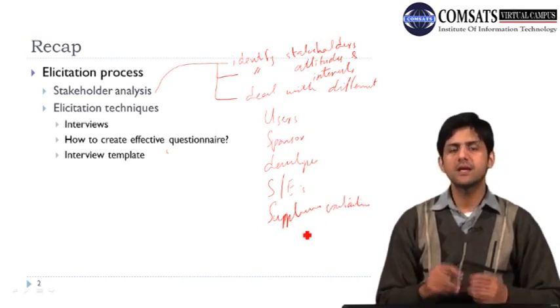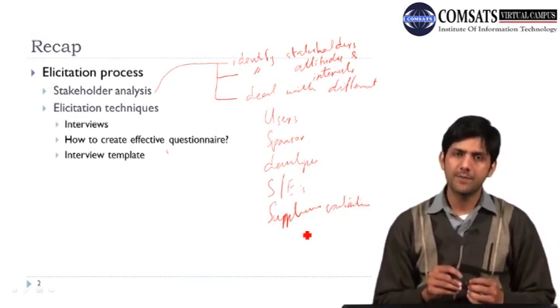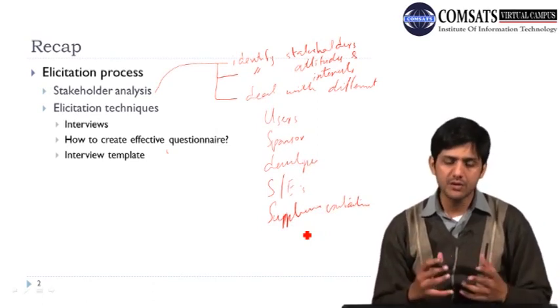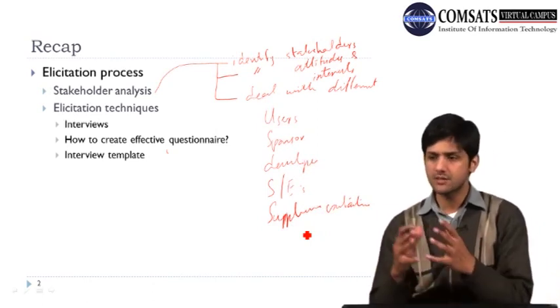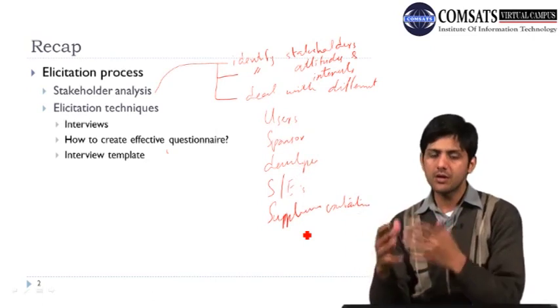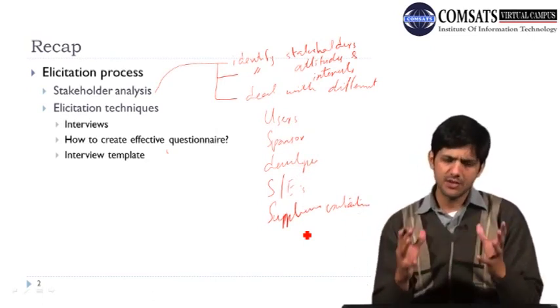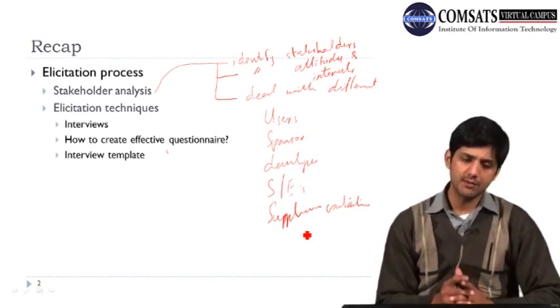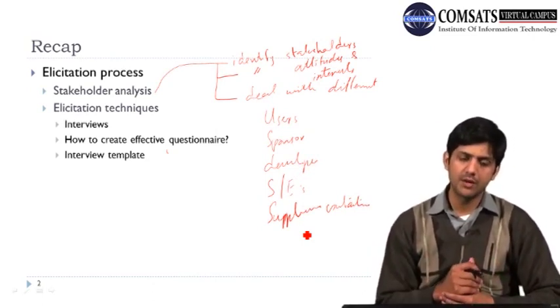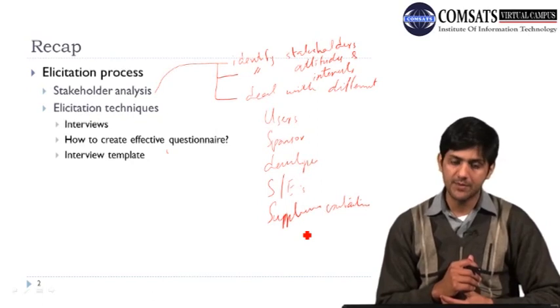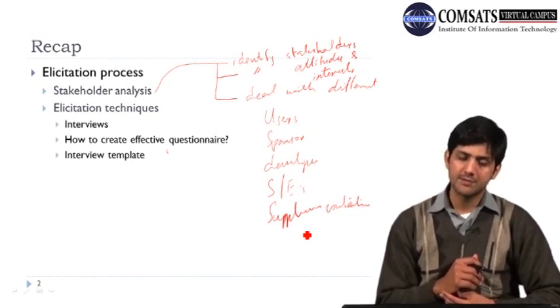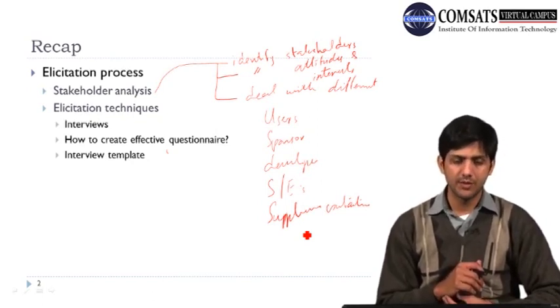So anybody who has anything to do with the system, who will benefit you in some fashion, or who will be affected by this software being installed in their place, he or she is your stakeholder. So that was our discussion on stakeholder analysis, and why it's important to identify the people who are responsible for giving you requirements properly.